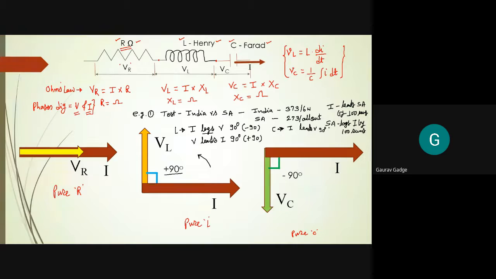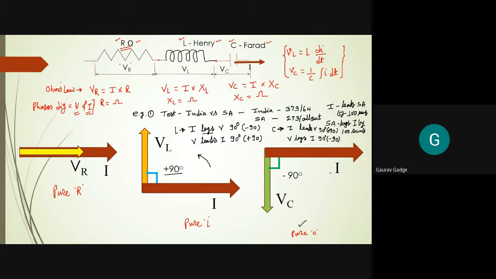When we say lead, it is to be shown with the plus sign. Another way of saying that is voltage lags current by 90 degrees. If you use lag, then it is minus 90.